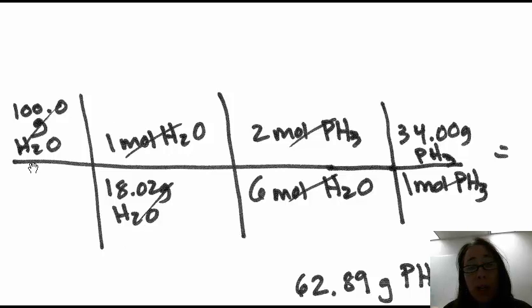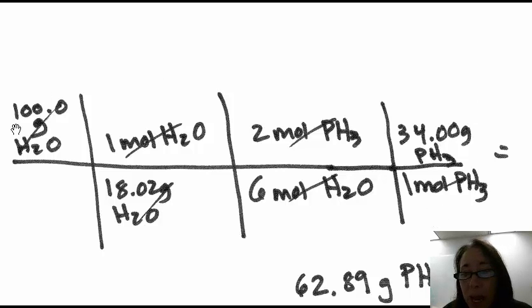After I convert my given chemical to moles, then I multiply by the mole ratio. The given chemical is always in the denominator, and that way moles of the given chemical will cancel out. Then I have moles of my desired chemical. Now the only thing is it's mass to mass, so I want to get this moles of my desired chemical to mass by multiplying it by its molar mass.